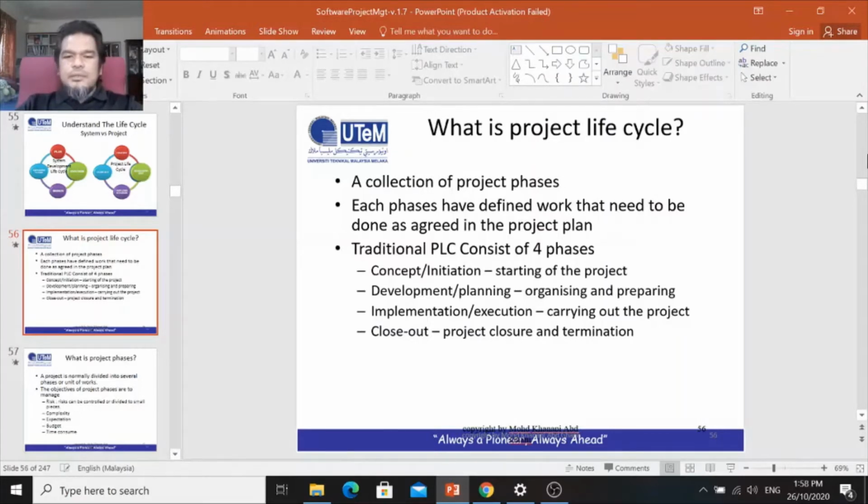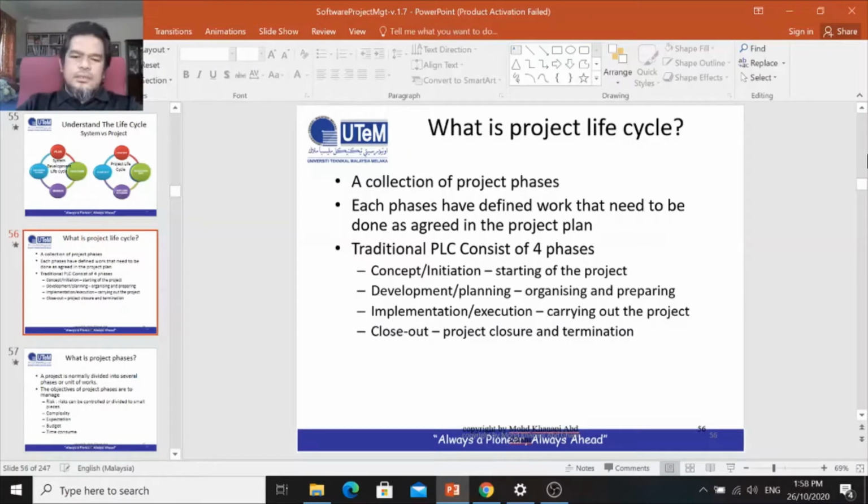For example, you prepare the Gantt chart, you prepare the milestones, you prepare the number of days, man days, involved in certain activities, in certain tasks. Yeah, you define the artifacts to be delivered.